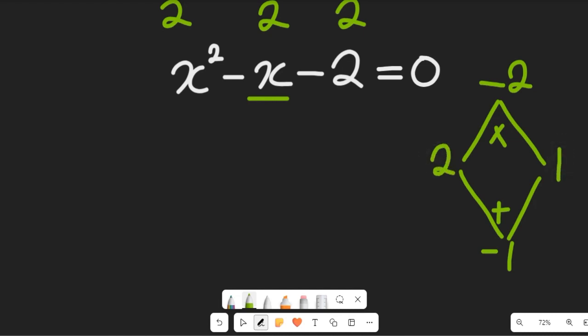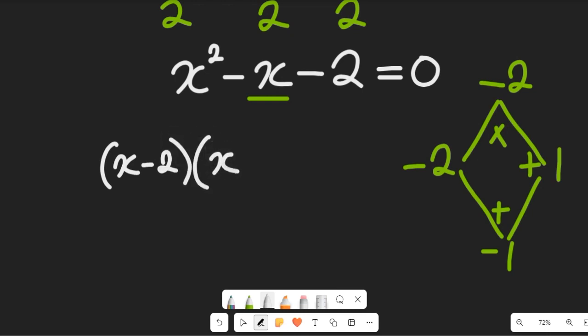And 1. So looking at these two numbers, you come to see that for us to have a negative 1 as an addition, the 2 has to take the negative value, while the 1 has to take the positive value. But minus 2 times plus 1 will give us minus 2. So the two expressions are going to be x minus 2, right?